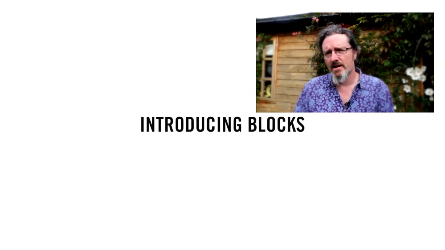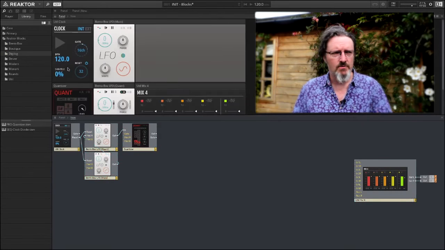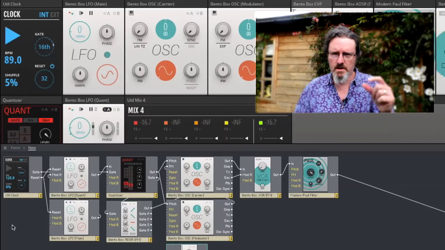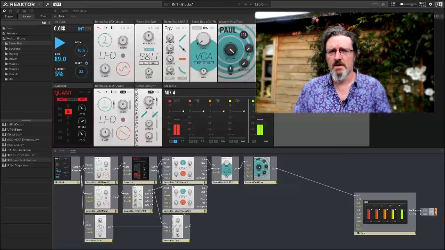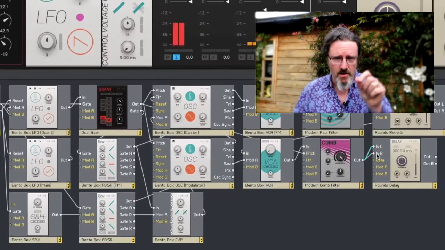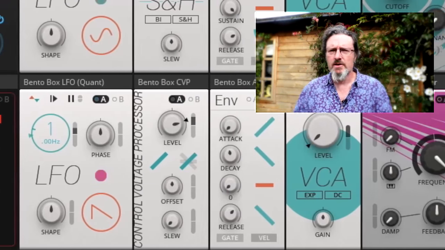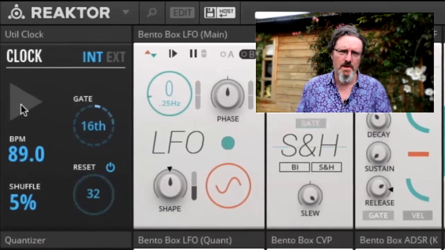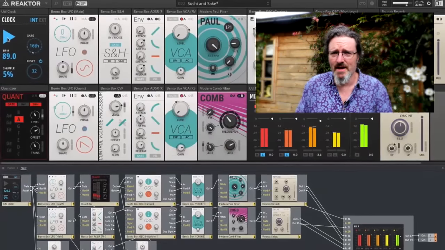Looking every bit like a modular analog system, Reactor 6 takes us away from that world into a world of yeah, right, okay, yeah, cool. The complexity in Reactor has always been its greatest asset at the same time as being its greatest downfall.